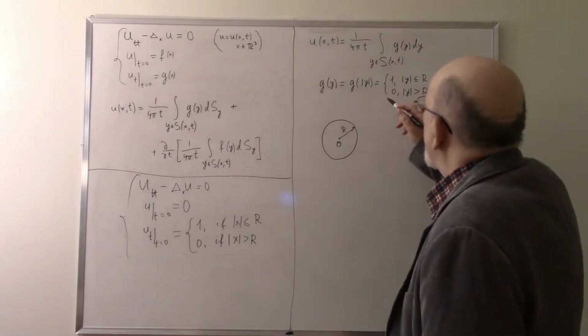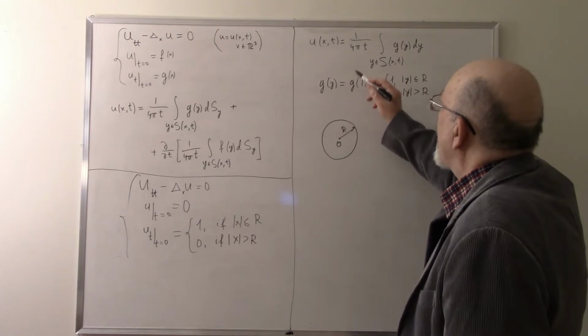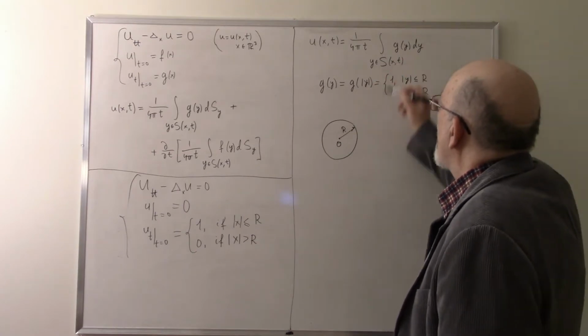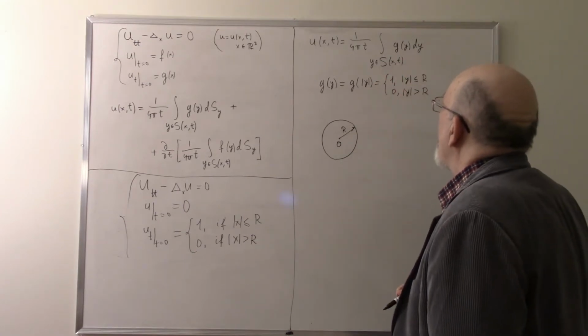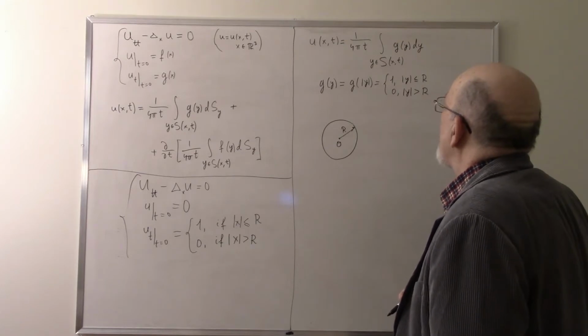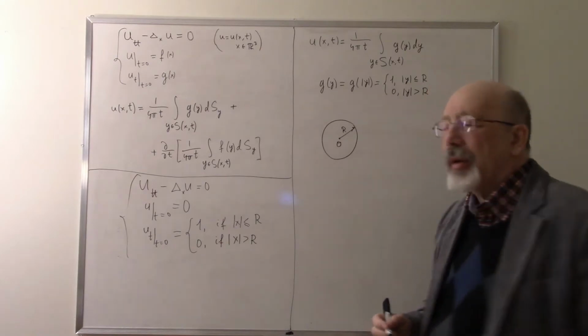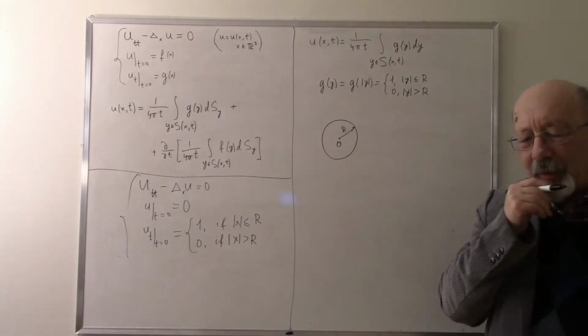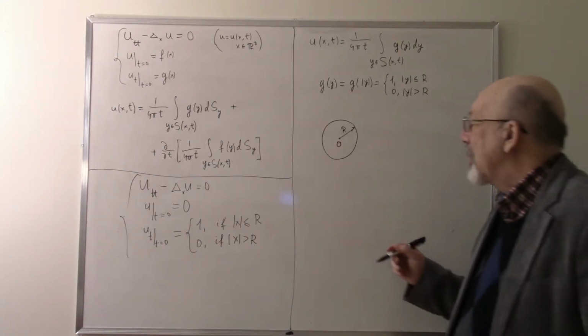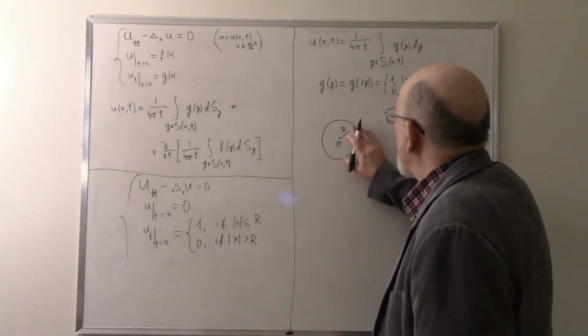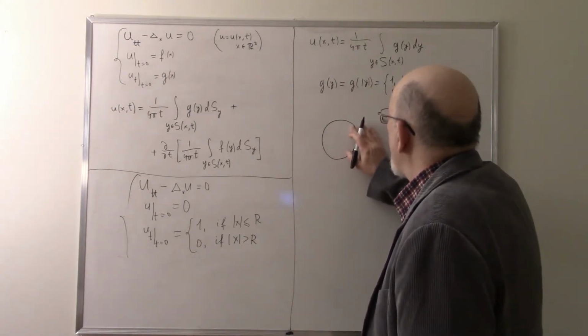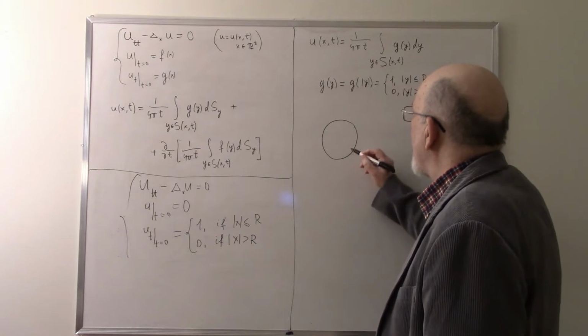And the second is the sphere, over which integration goes, with center x and radius t. So the sphere can be situated in different locations. We have the following cases.